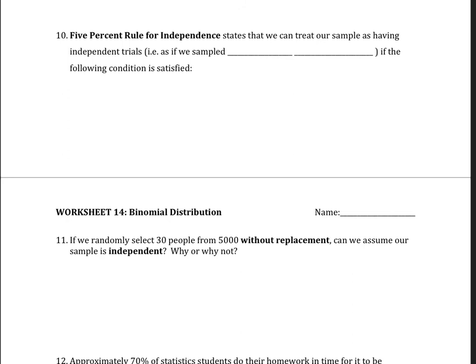All right, for number 10, this is about sampling. So when we take a bunch of items, before we talked about how if we do not have replacement, then one person is selected and the person is gone, so for the second person, the probability changes, so it's not independent.